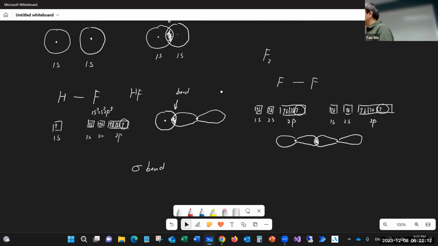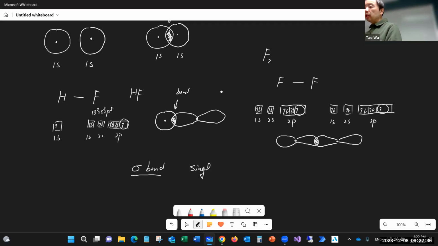Maybe you heard of the sigma bond before, but you never knew what it is. Sigma bonds are the overlap between ss orbitals, sp orbitals, and pp orbitals. So in general, what we represent as sigma bonds are single bonds.